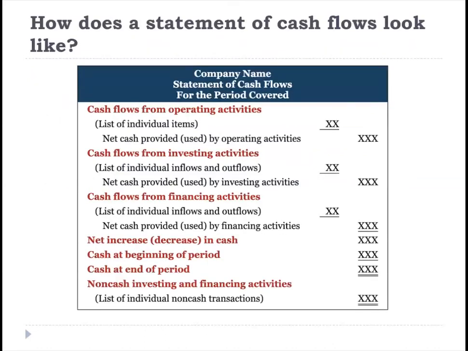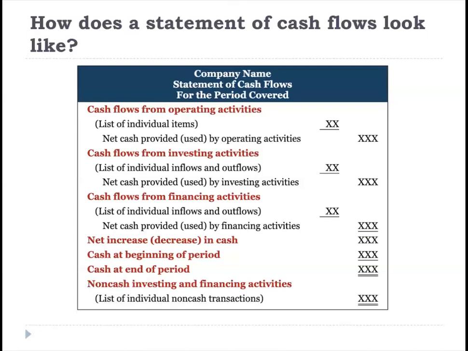And what does a statement of cash flow look like? We just talked about how the change in cash can be explained by three kinds of activities: operating activity, investing activity, and financing activity. Basically, the statement of cash flow classifies the cash flow according to what activity the cash flow is associated with.